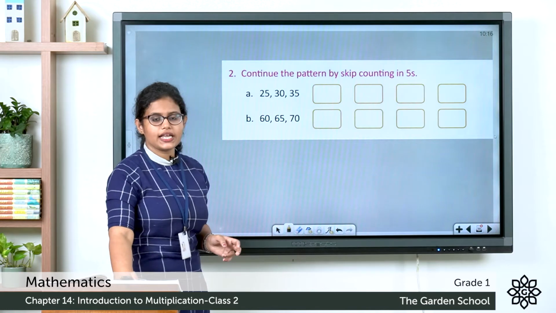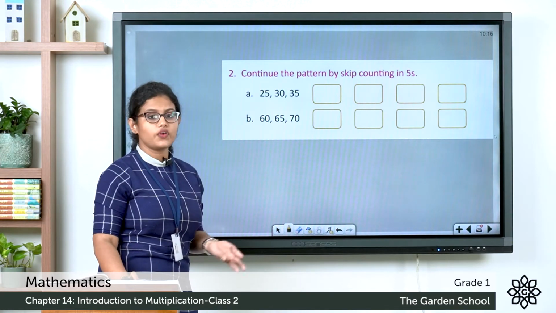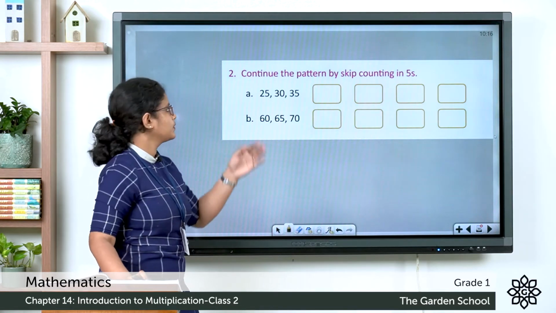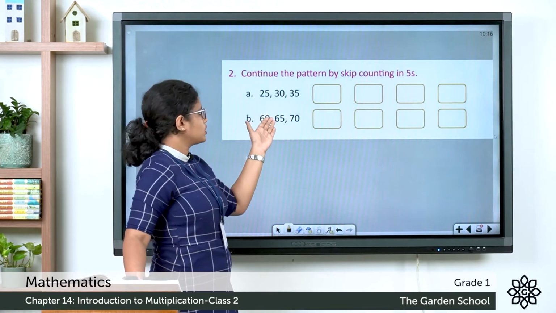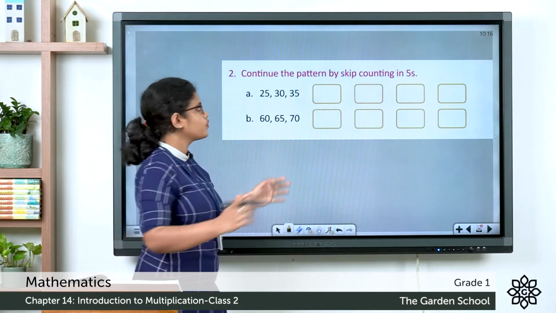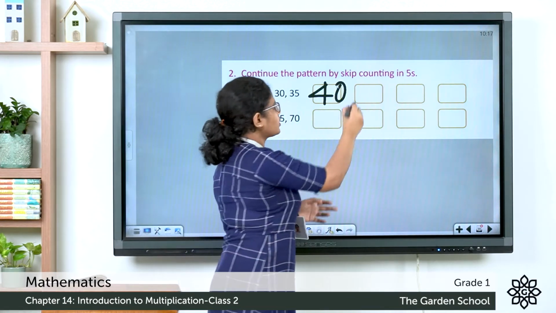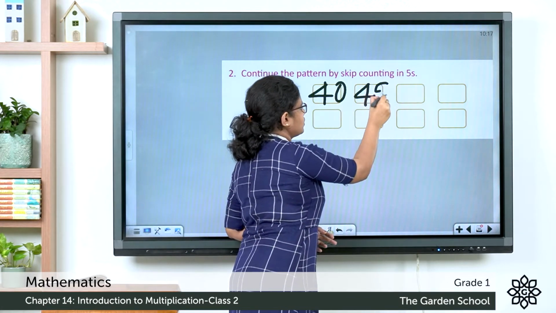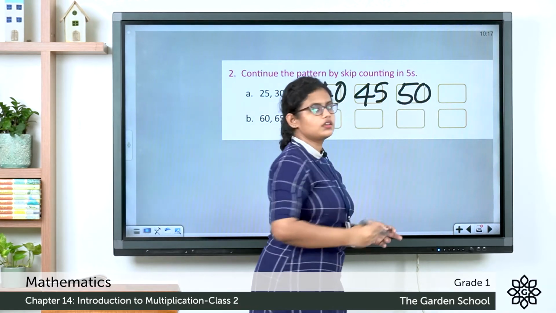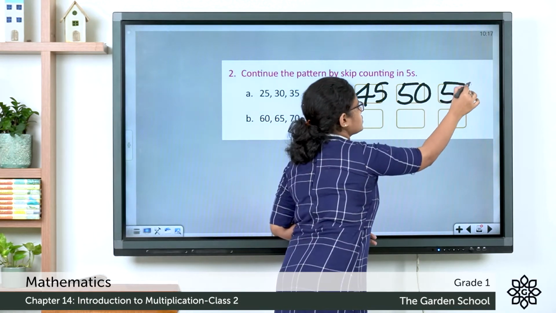Let's do the next one. Continue the pattern by skip counting in fives, skipping 5 numbers at a time. 25, 30, 35. What comes next? 40, skipping 5 numbers, then 45, then 50, then 55.